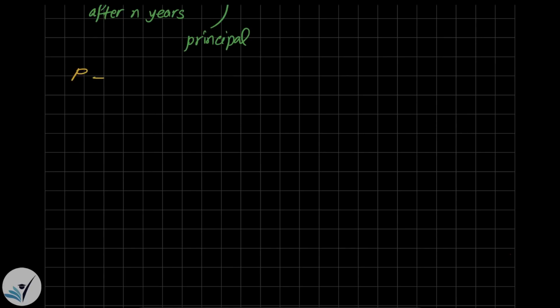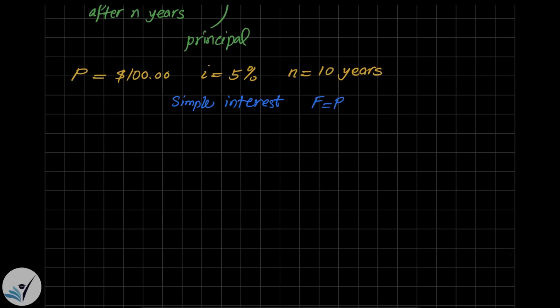Let's assume the original money is $100. Annual interest rate is 5%. And we want to calculate the total balance in the account after 10 years. So in case of simple interest, the equation that we need to use is F is equal to P times (1 + n times I).